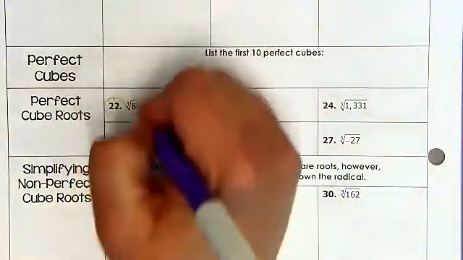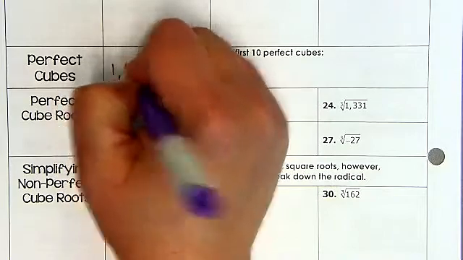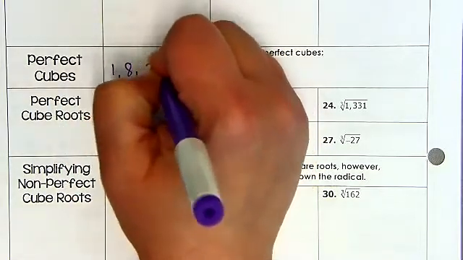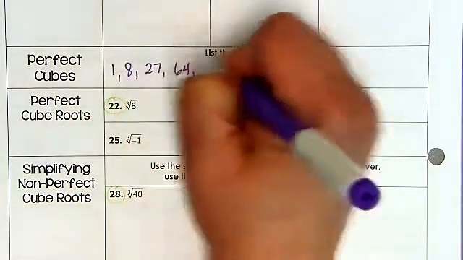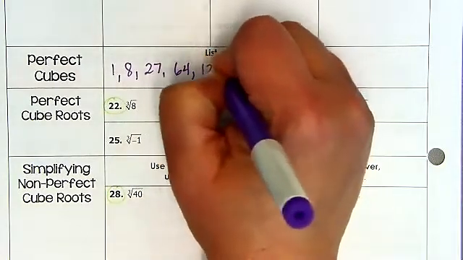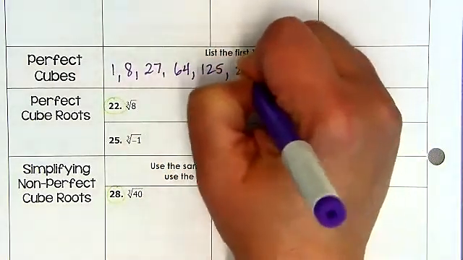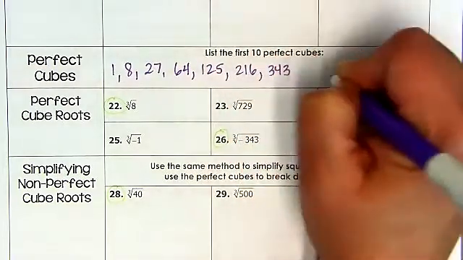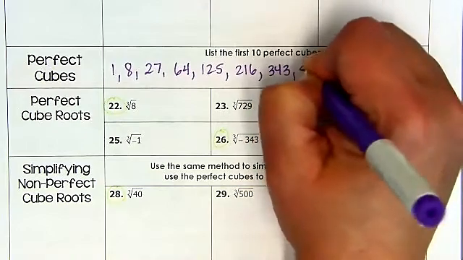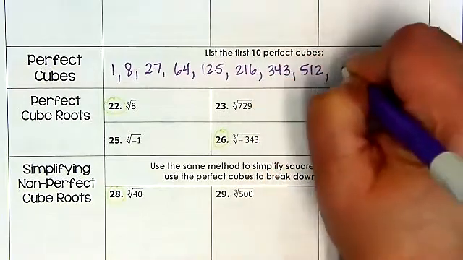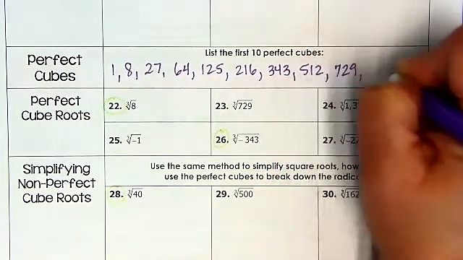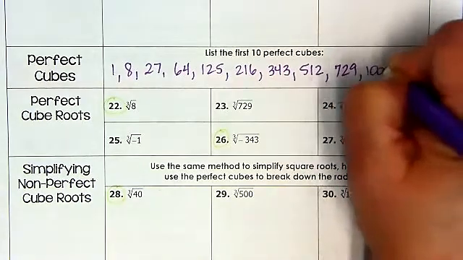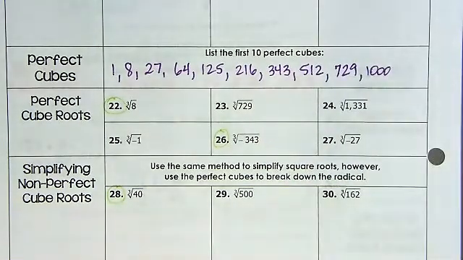So we have 1, 8, 27, 64, 125, 216, 343, 512, 729, 1000.